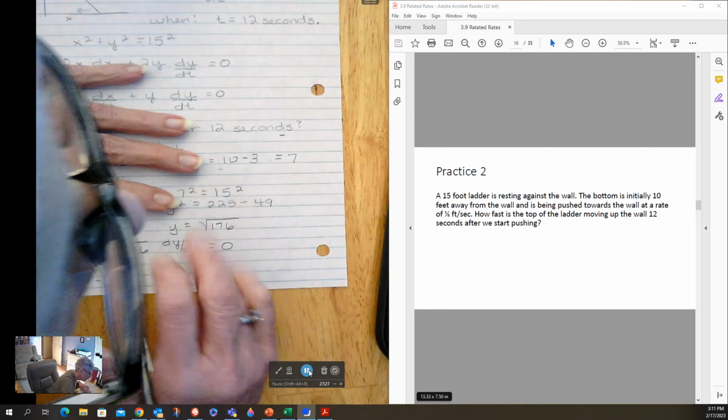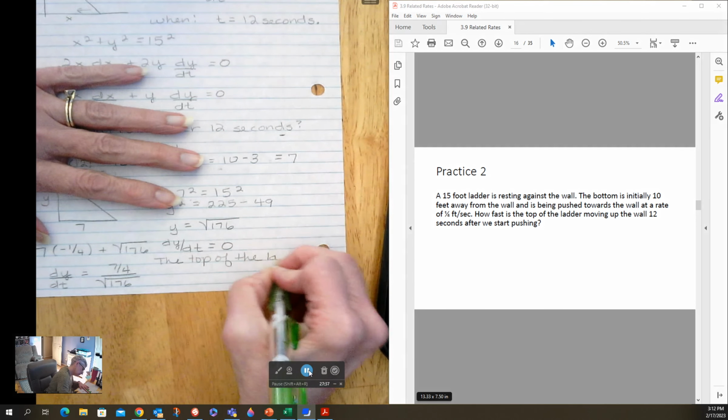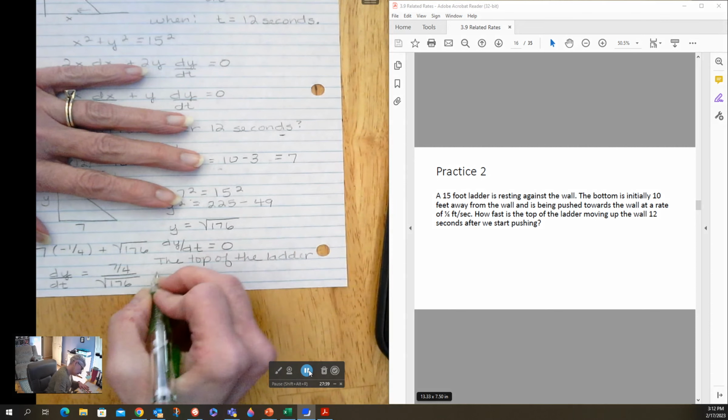0.13. So the top of the ladder is sliding down the wall.